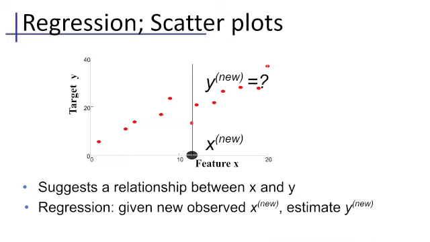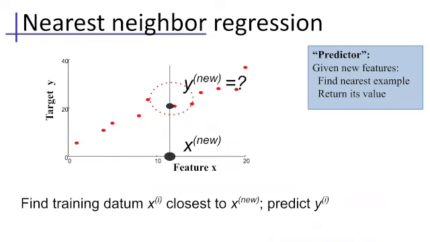In the nearest neighbor approach, we take a very simple approach. Given a new X, I'm going to find the training data X that is closest to this X new.